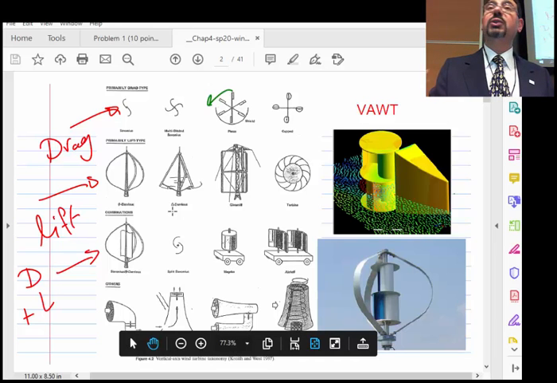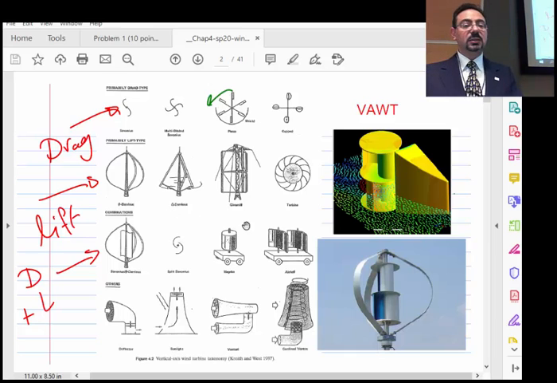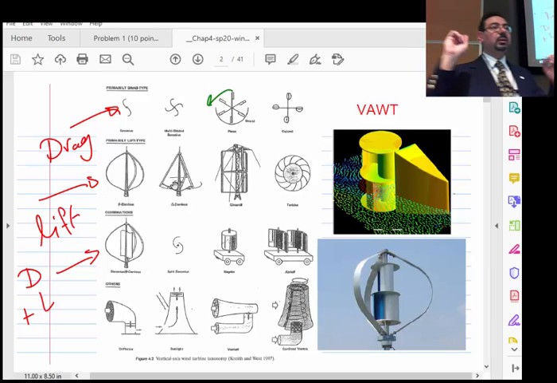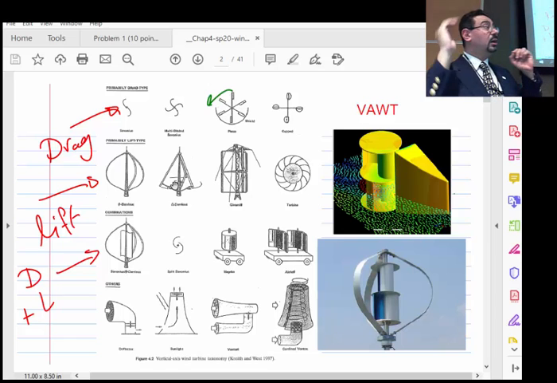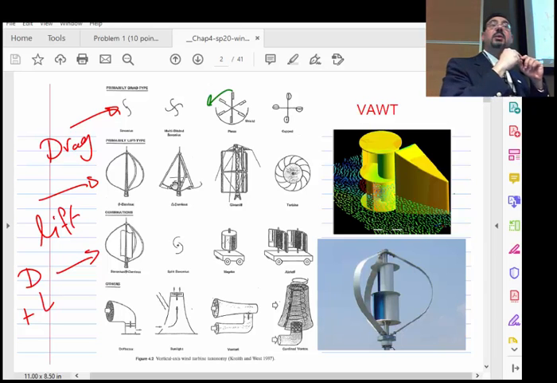However, they used to have a problem with stability, because as they rotate like this, what will happen? At a moment, in one part, they are pushed by the wind. The wind is blowing on them, pushing them forward. But then when they go to the other side, they are against the wind, right?